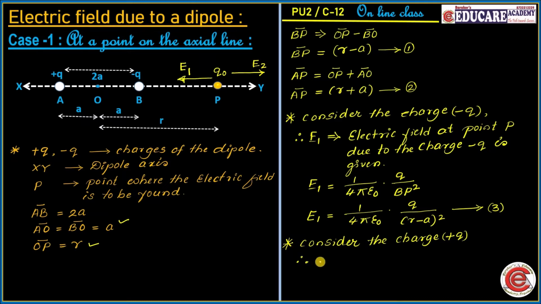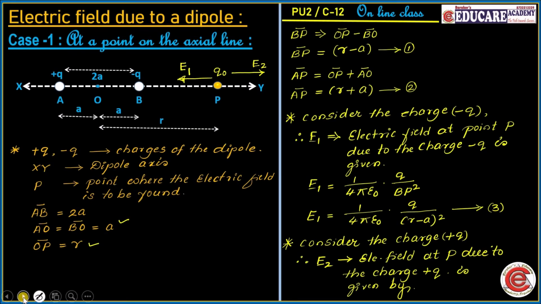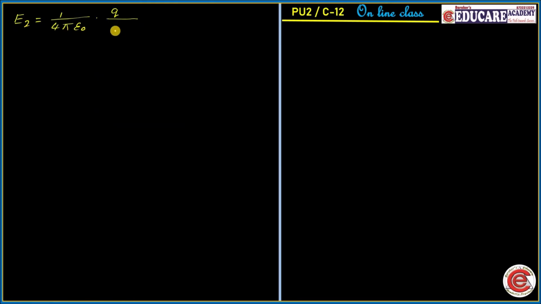This electric field, again we can write it as E2, is the electric field at P due to the charge plus Q. It can be given by one equation, and of course we know that equation: E2 is equal to 1 divided by 4 pi epsilon naught into the magnitude of the charge divided by the distance between the positive charge and the point P. It is nothing but AP square, square of the distance.